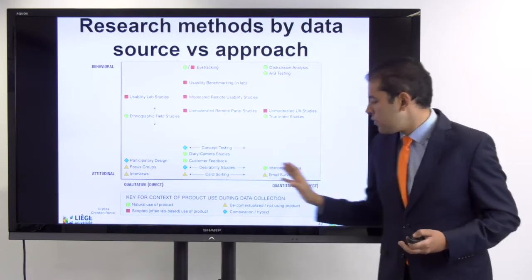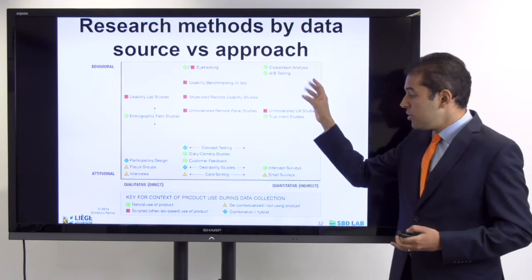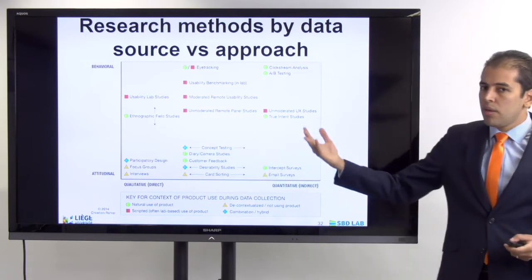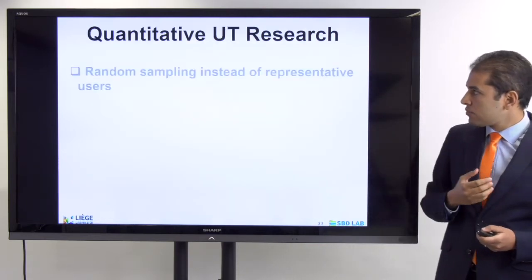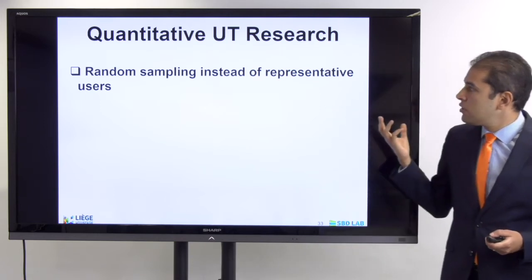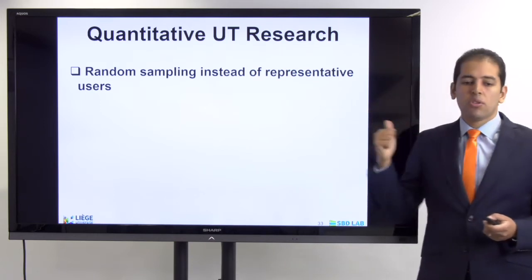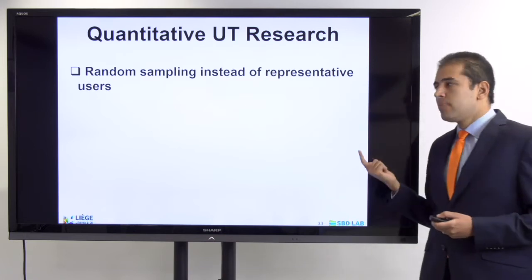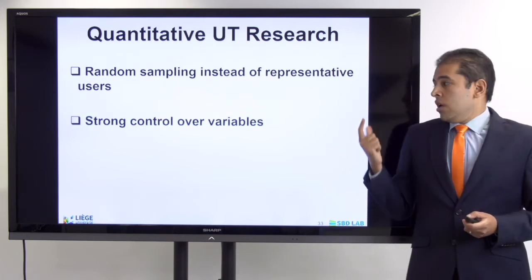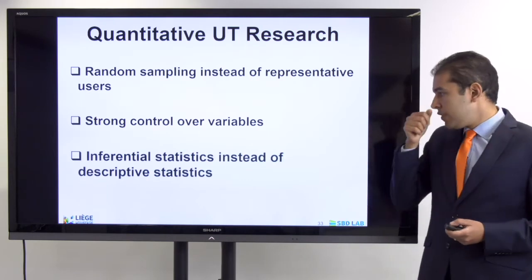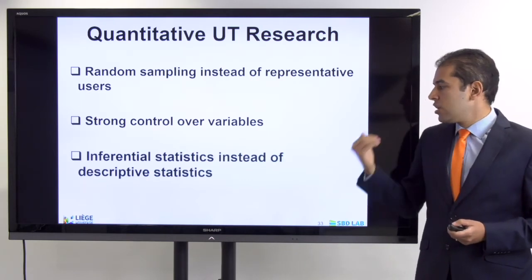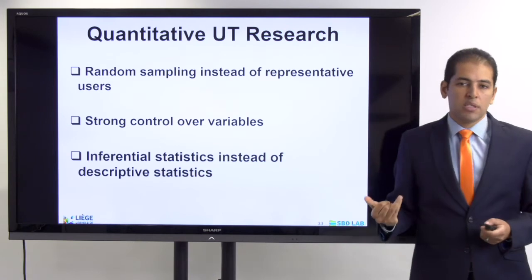So you need to be aware that there are two types of usability testing. One is qualitative, one is quantitative, one is summative, one is formative, and each of them has its own limitation and advantages. Now, quantitative usability testing research is based on random sampling instead of representative users. You must have a strong control over variables and inferential statistics instead of descriptive statistics.